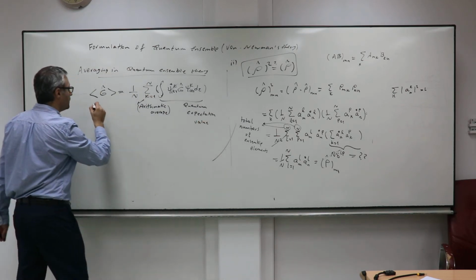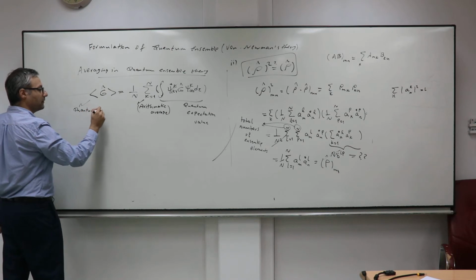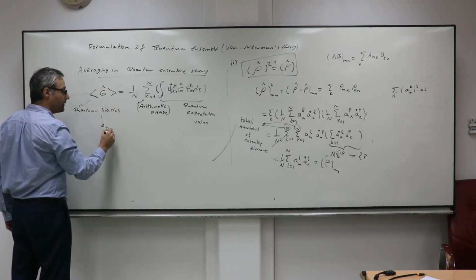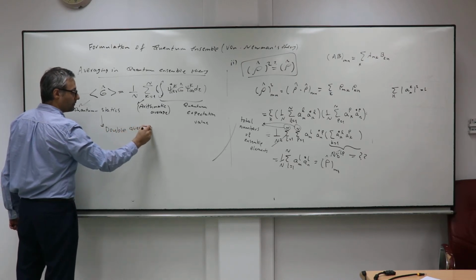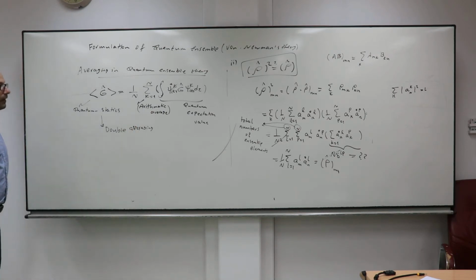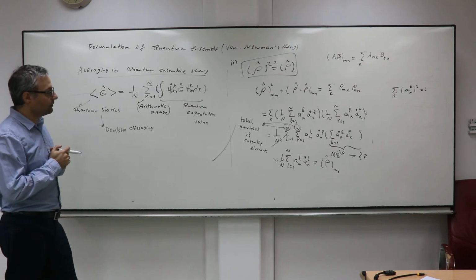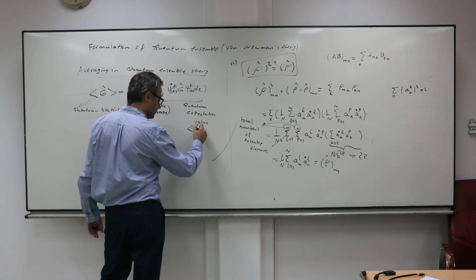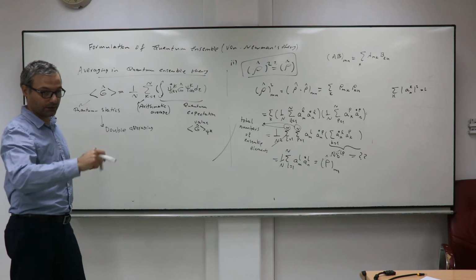So quantum statistics is like a double averaging. One time you need to find the expectation value of the operator, this is the exact expectation value, and the second time you need to take the average of them.